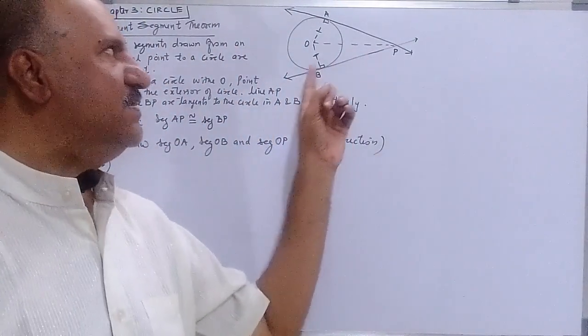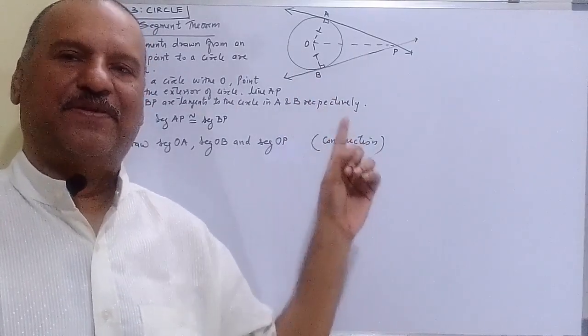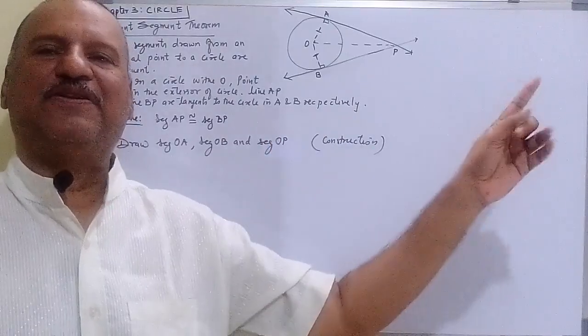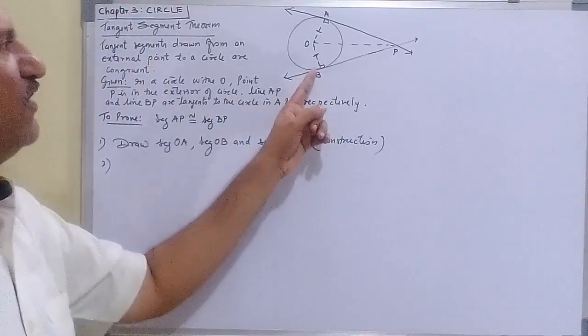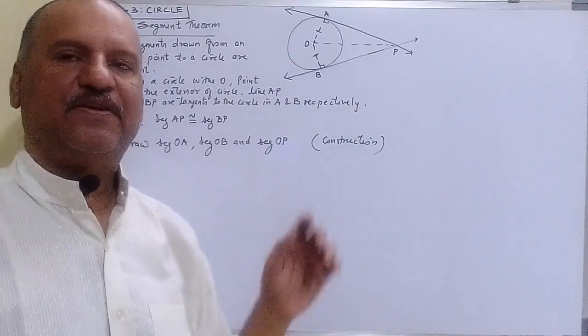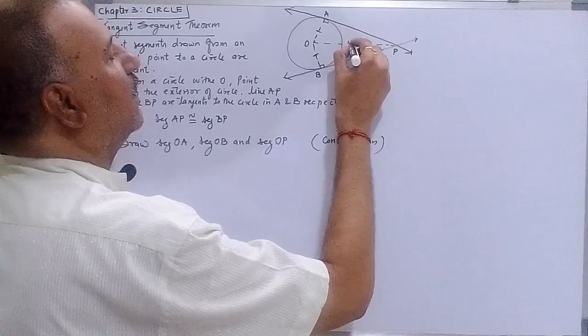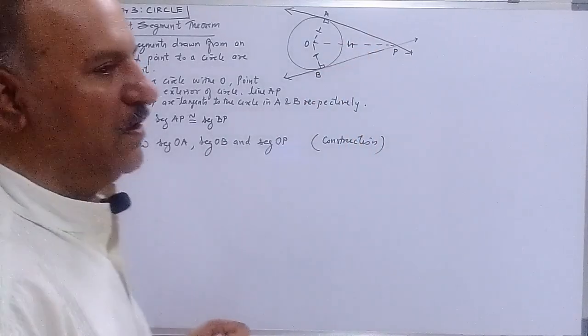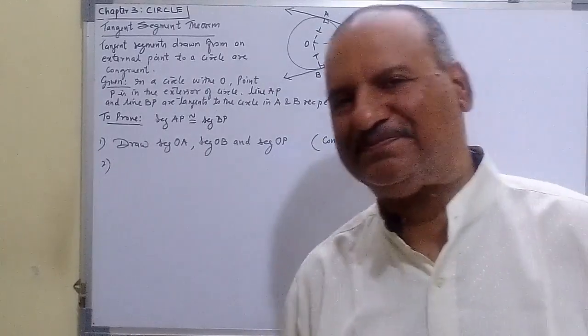Since these two are tangents at a point on a circle, radius will always be perpendicular to the line. तो ये हो गया तुम्हारा 90. और what about this? ये है आपका hypotenuse, common side.